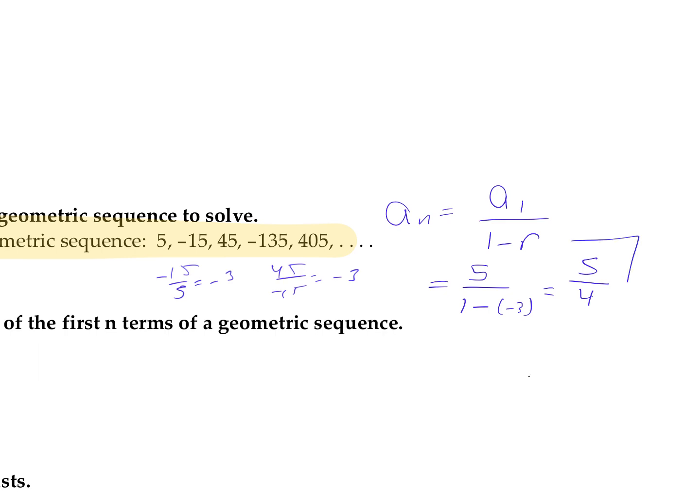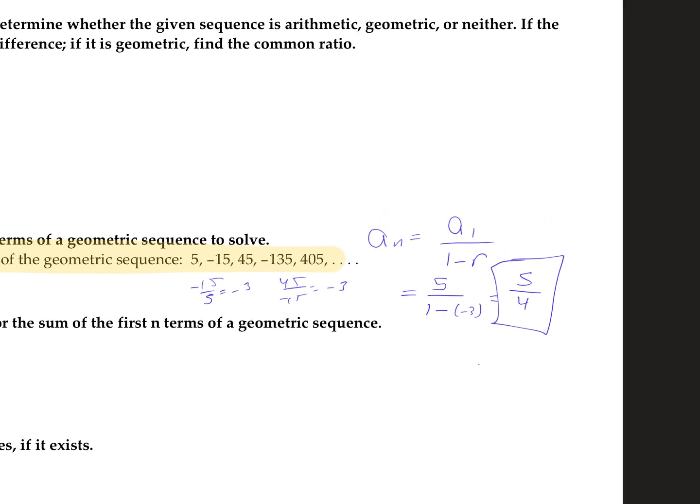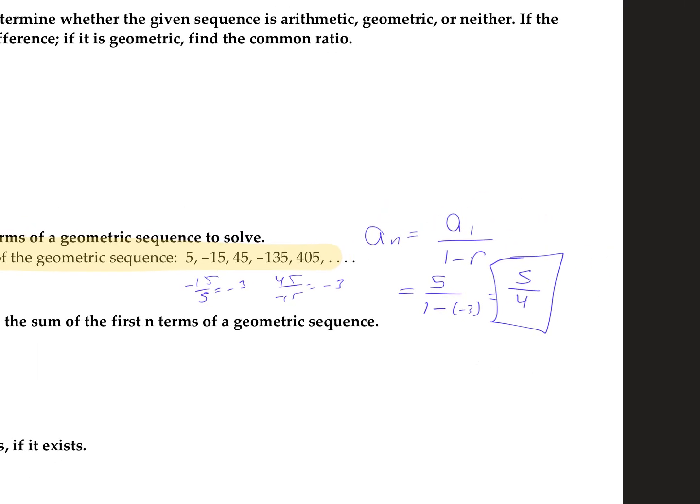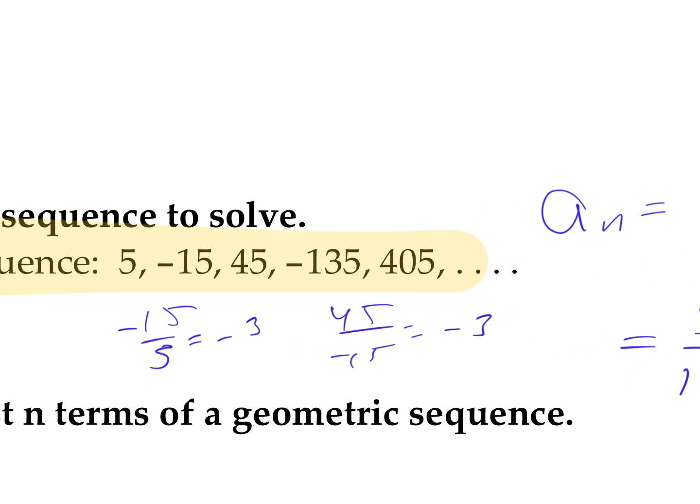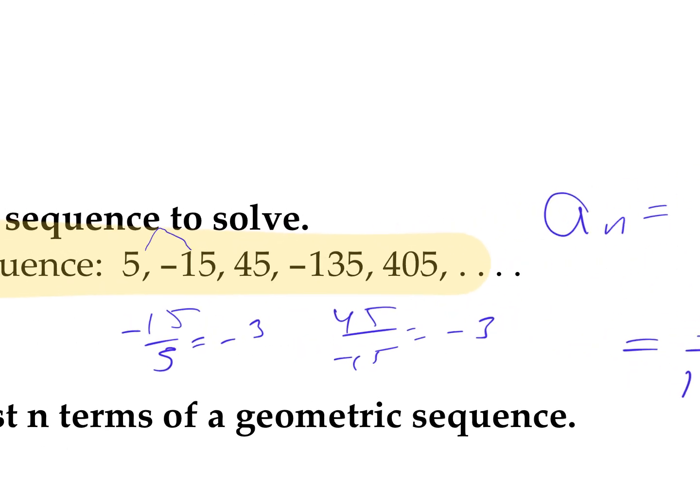4. That's it. Now you guys are thinking, how in the world could that be the answer? Well, think about this, guys. What does the word sum mean? The total when you do what? Add. So if you're adding a positive and then a negative and then a positive and a negative, it's not going to be a huge number because what you're adding, you're then taking away 3 times that amount.